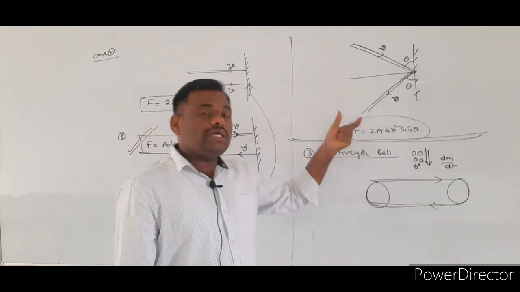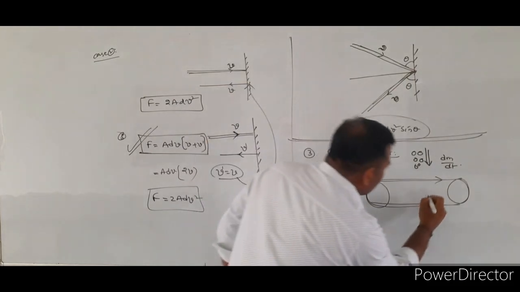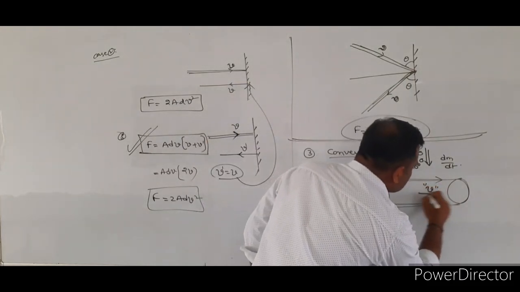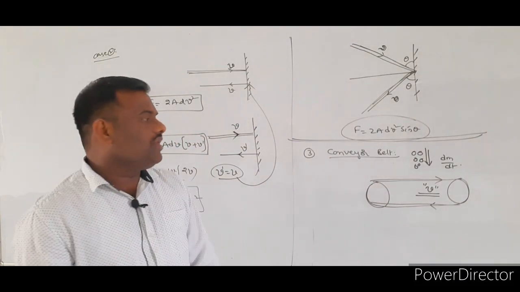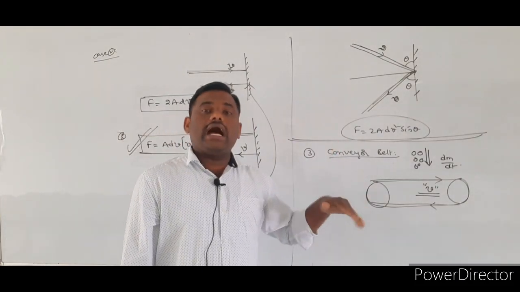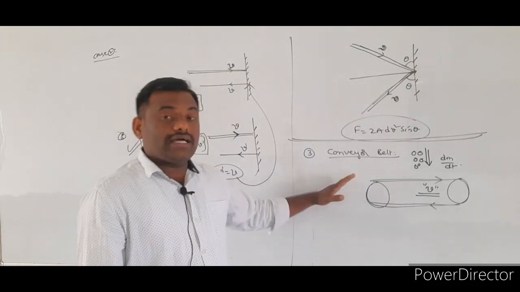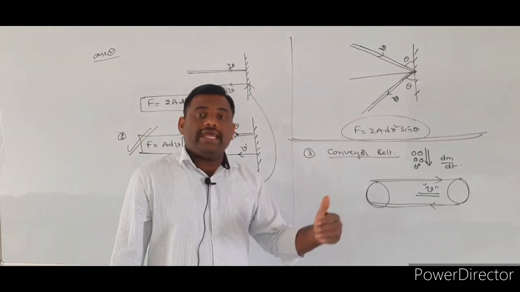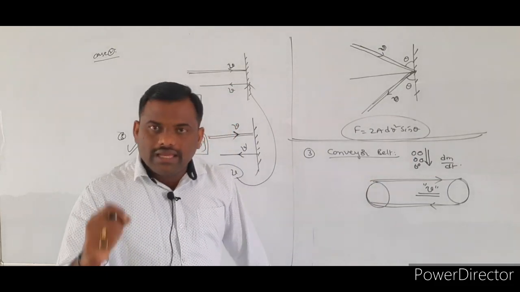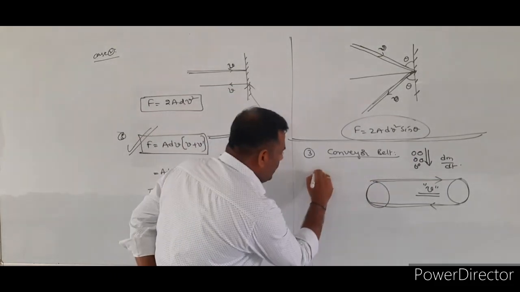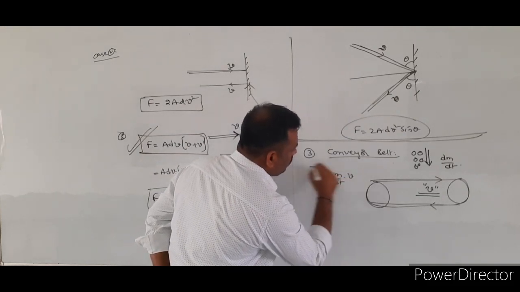Even though the gravel falls over the conveyor belt, I want to run the conveyor belt with a constant speed v. At that time, the extra force I have to apply to maintain the same speed, the extra force we apply to the conveyor belt to keep its velocity or speed the same, is F is equal to dm by dt into v.